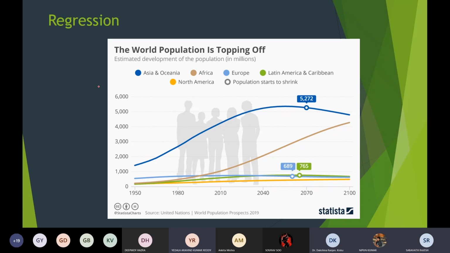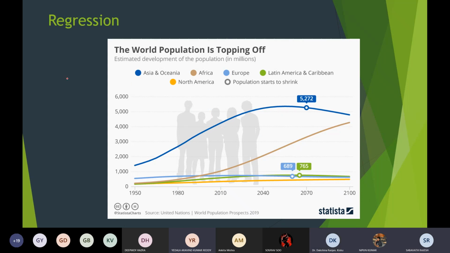If we see this population map, we can see that the population is estimated until the year 2100. That means until these years we have predicted the population.